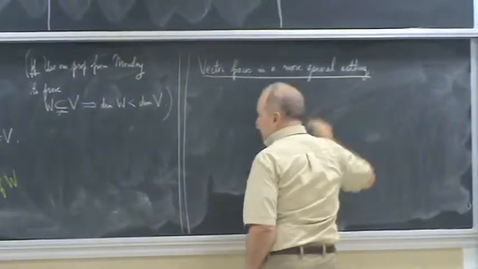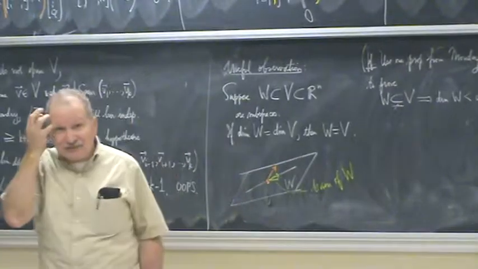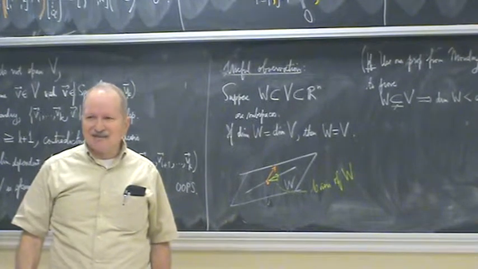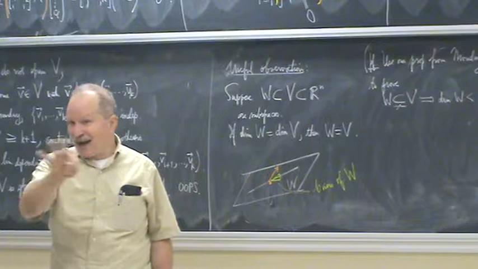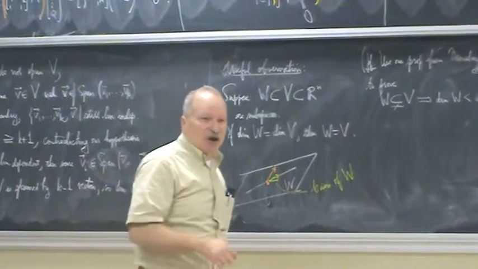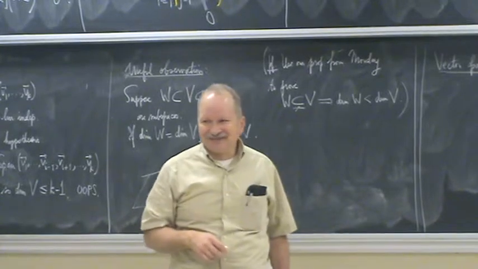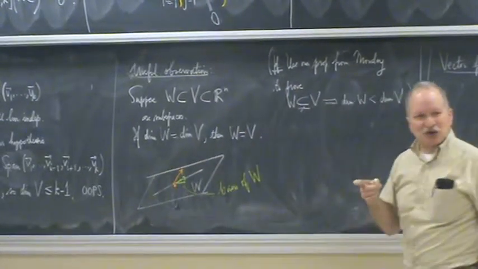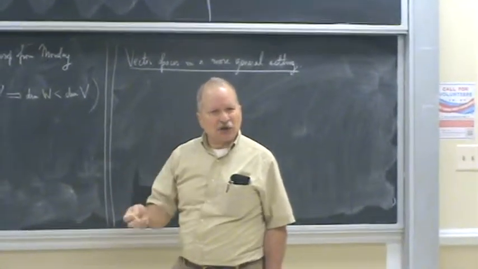What have you been doing with vectors for the last 9 weeks? Adding them, subtracting them, crossing them, dotting them, not dividing them, scalar multiplying them, taking the magnitude, differentiating them. So the most basic thing you can do with vectors is add and scalar multiply.